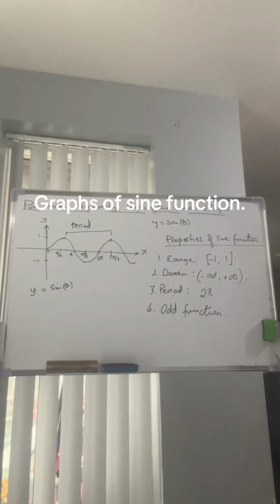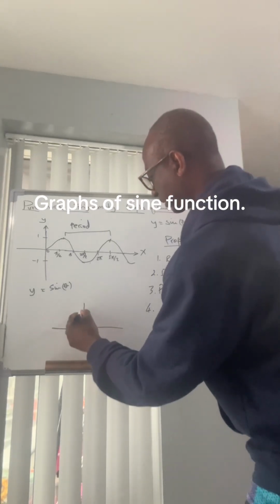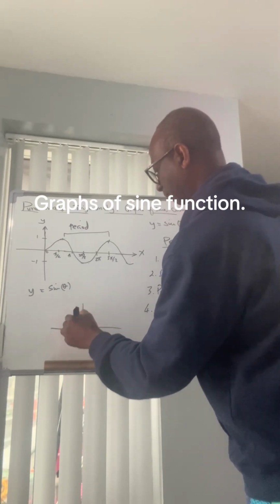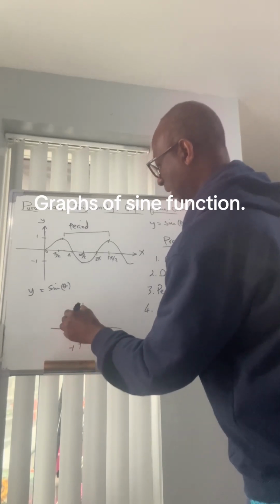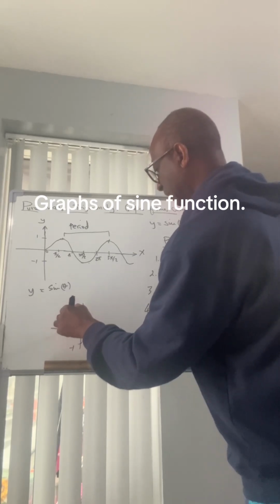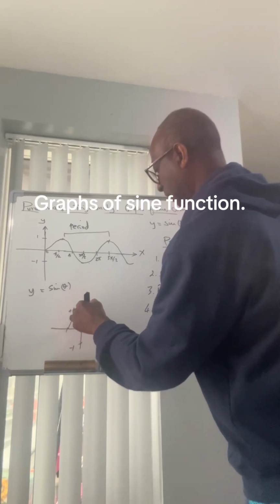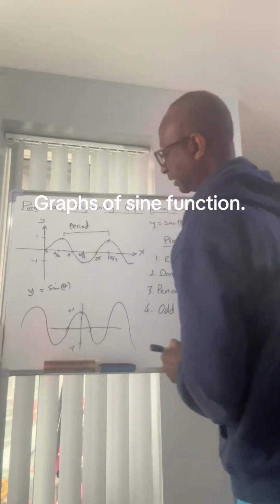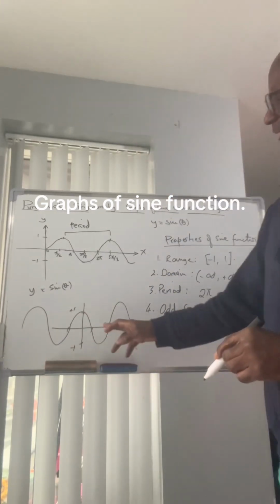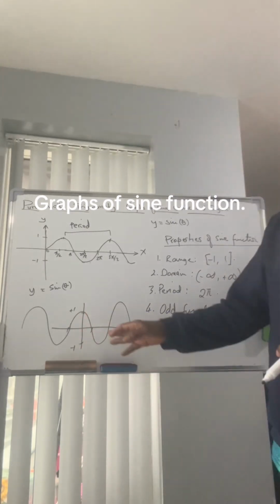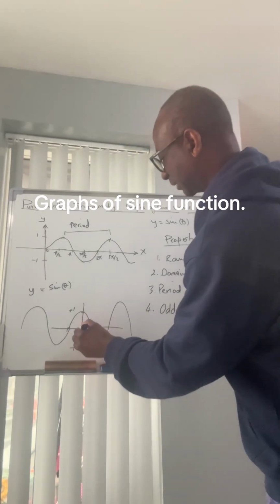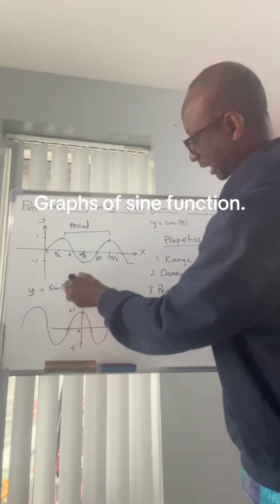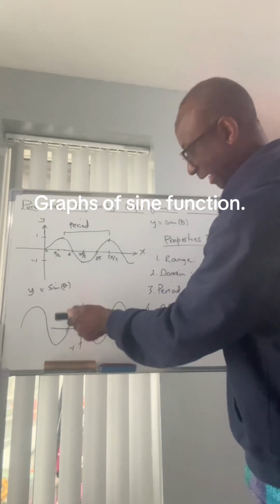If you look at a graph like this, say this is -1, this is +1, and then it starts from here, goes like this, like this. My graph is not perfect. This is your 0 point, the origin. You can see that this is symmetrical about the y-axis.